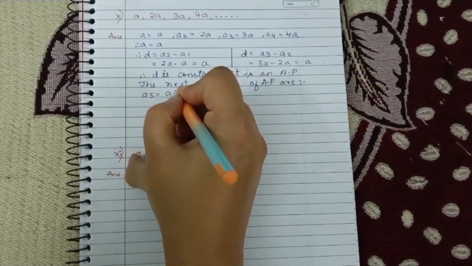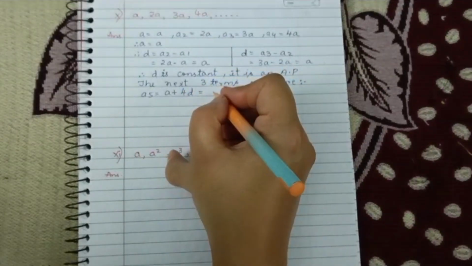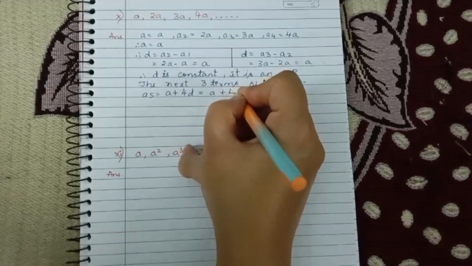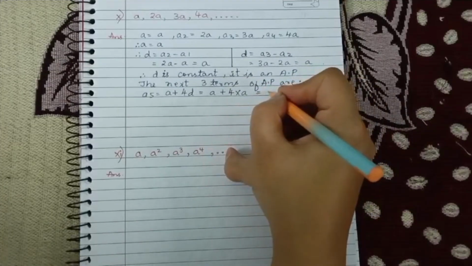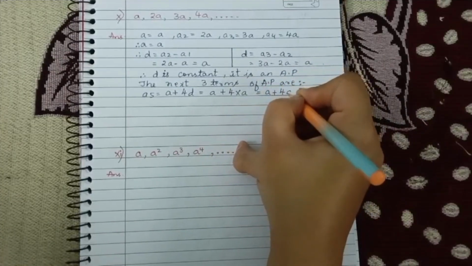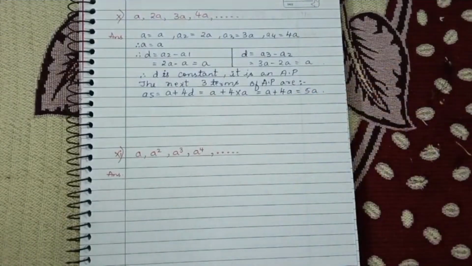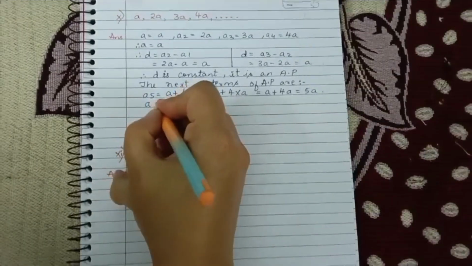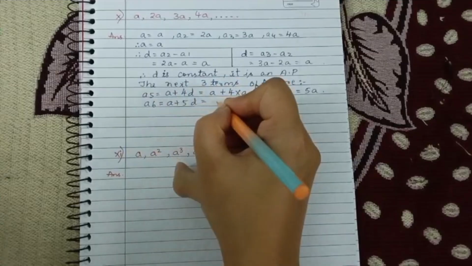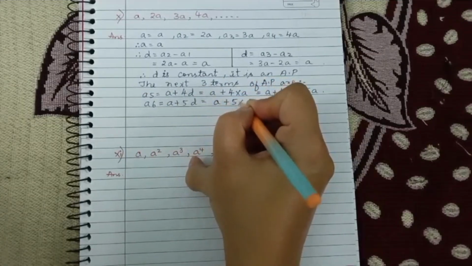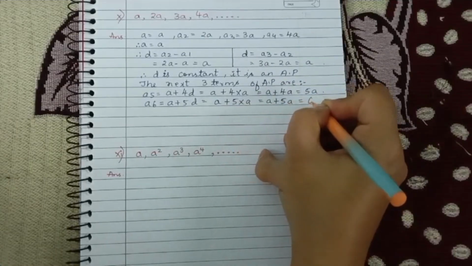A5 is A plus 4D, that is A value is A plus 4 into D value is A. A plus 4A equal to 5A. And A6 is equal to A plus 5D, A plus 5 into A plus 5A, that is 6A.